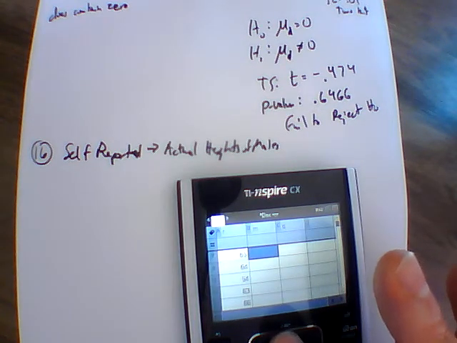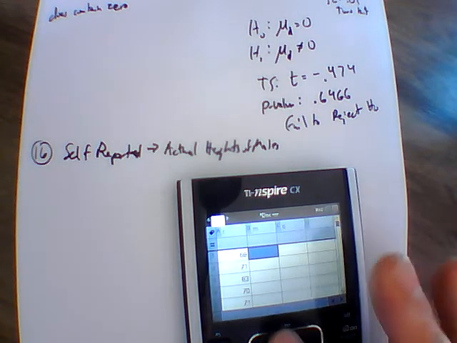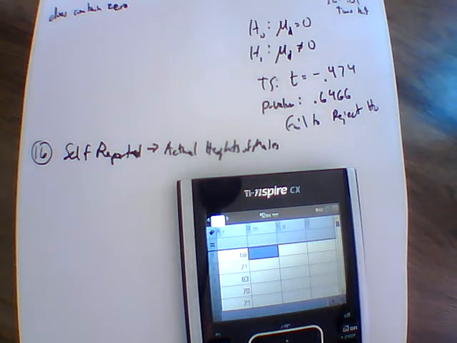So we have 12 total in here. Now we come to the measured heights, and that 68 inches truly was measured at 67.9 inches. The 71 was really 69.9 inches. 64.9 inches was at 63, so somebody thought they were shorter than they actually were.